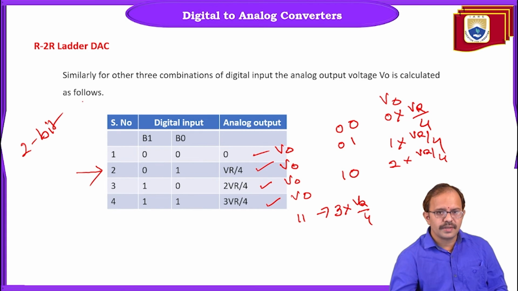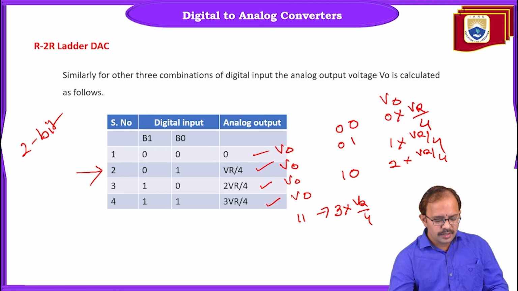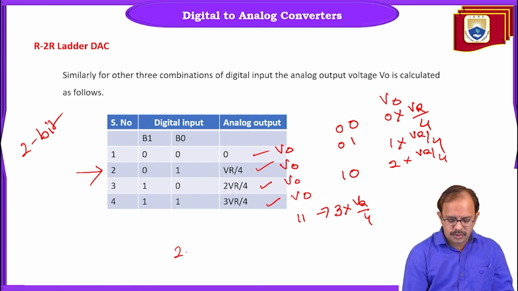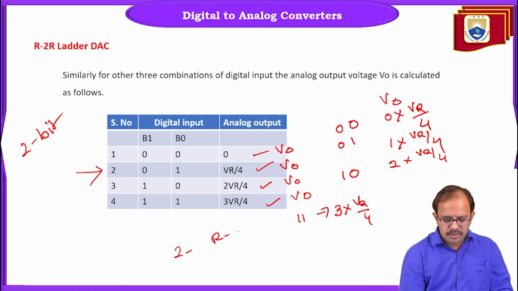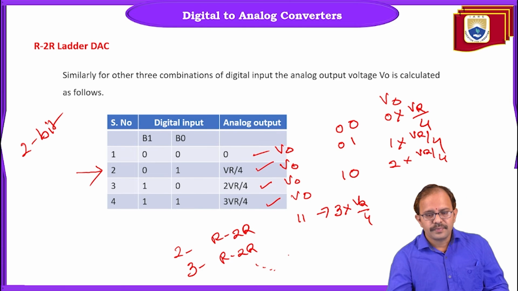Similarly we can analyze for 3-bit data. If we have 3-bit data, we are going to have another R2R network. For 2-bit data, we have two R2R ladder networks. For 3-bit data conversion, we are going to have 3 R2R sections, and similarly we can proceed further, right?